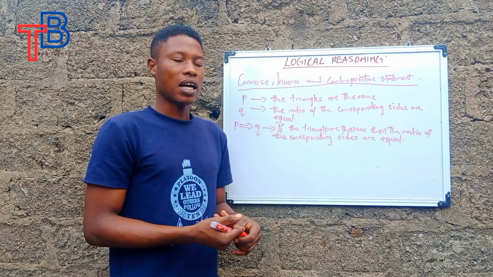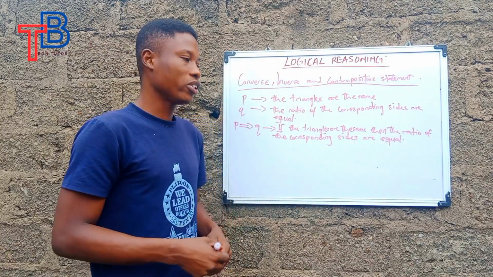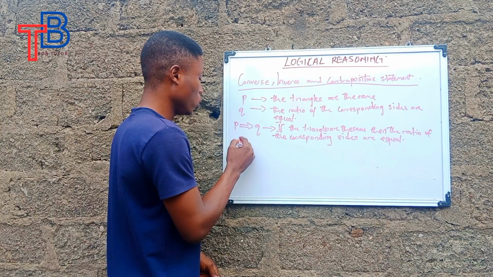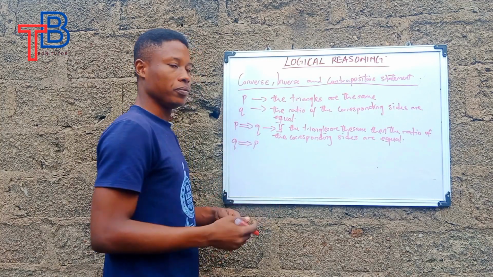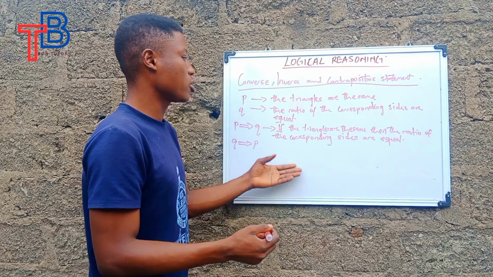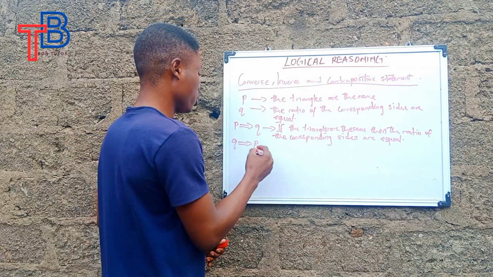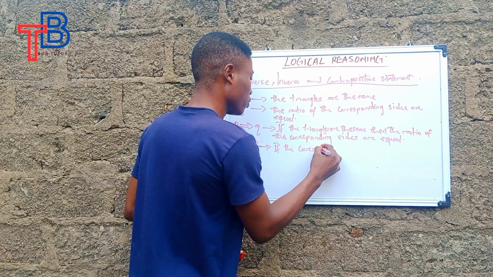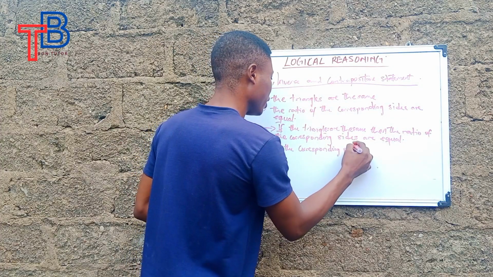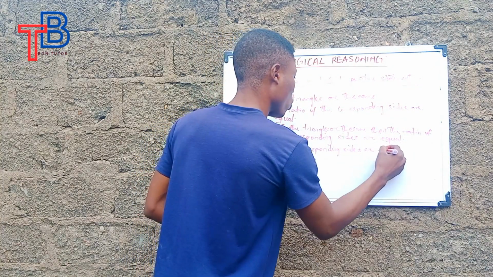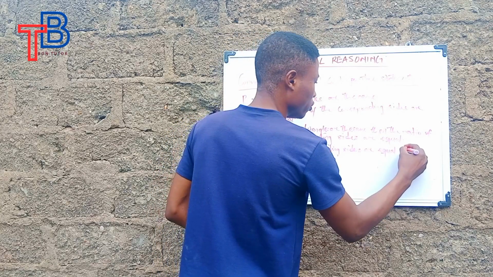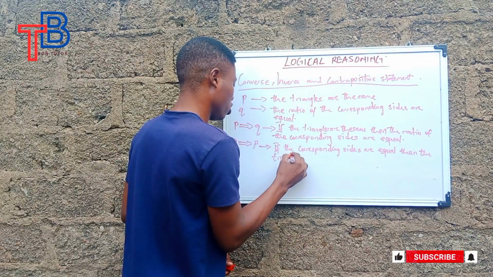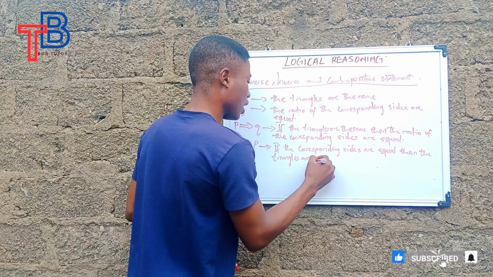But imagine I interchange these two statements, whereby instead of having P implies Q, I am now having Q implies P. The statement will now be, if the corresponding sides are equal, then the triangles are the same.